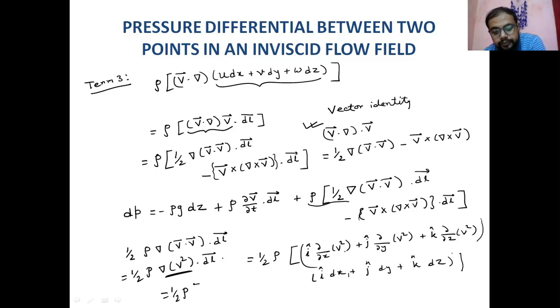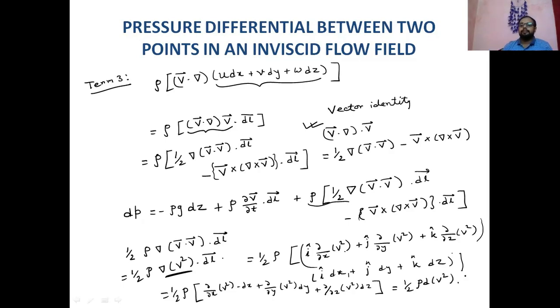Half rho del x v square into dx plus del y v square into dy plus del z v square into dz. What does it mean? It means half rho dv square. Simply, we can write it down.